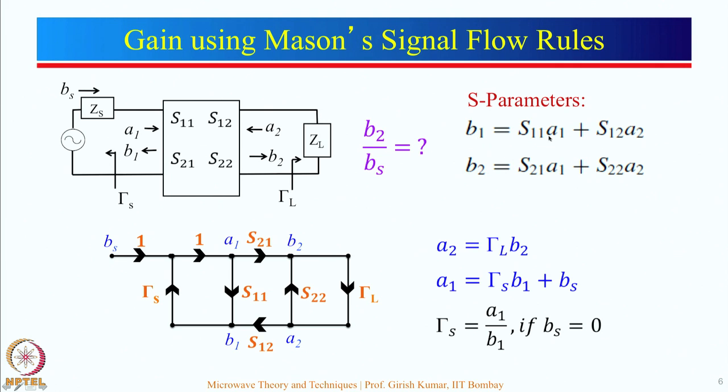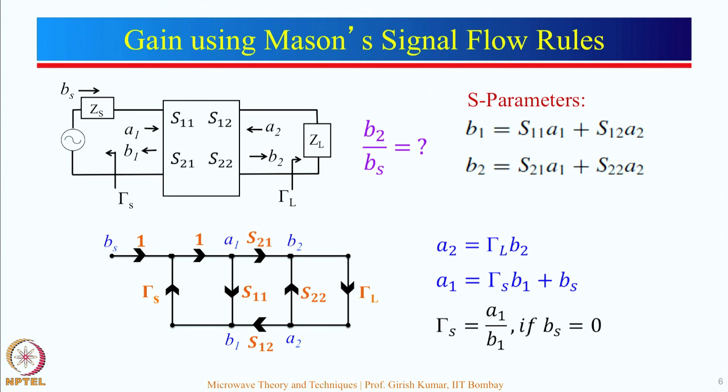B1 is S11 A1 plus S12 A2. Now, we need to look at this equation here. A2 is gamma L times B2, and A1 is given by this expression here. So, this is A1, B1 times gamma S, and plus BS is coming from here.